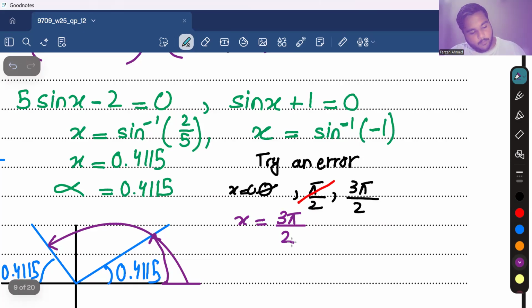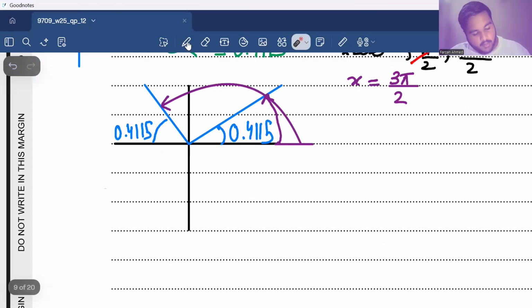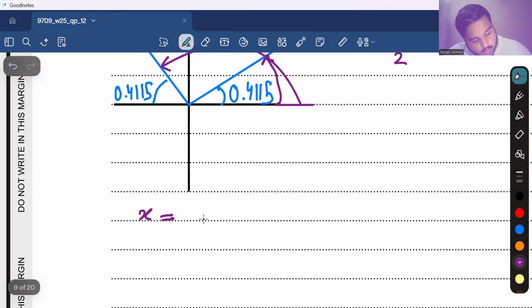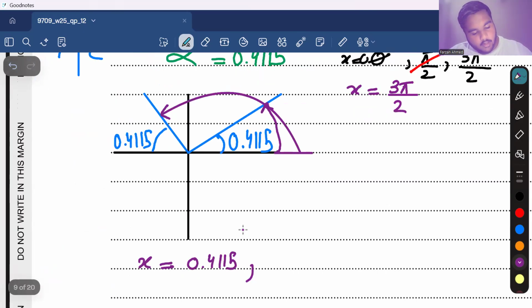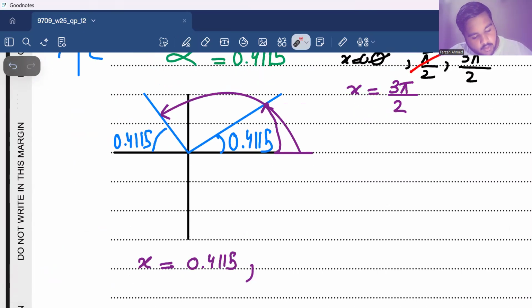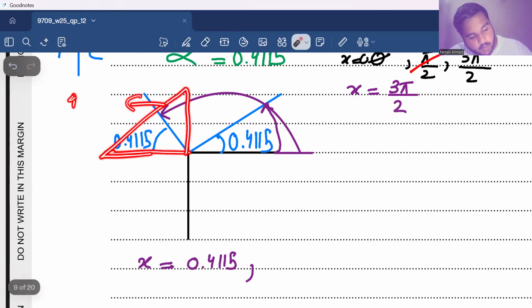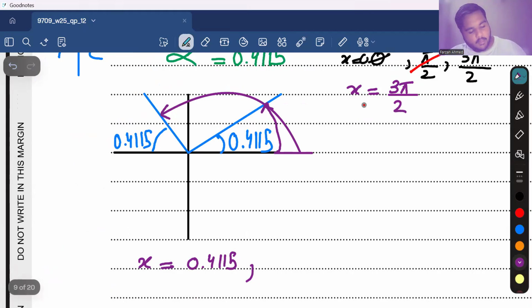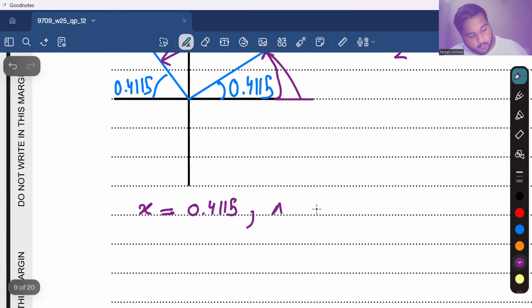Now for this, the first value of x is equal to 0.4115. The second, this section is from 90 till 180, so in this we will do pi minus 0.4115.